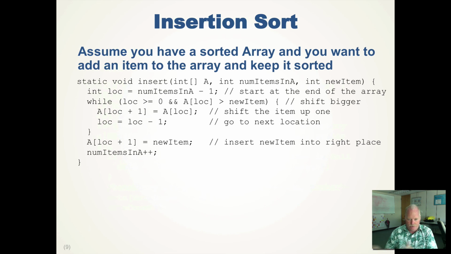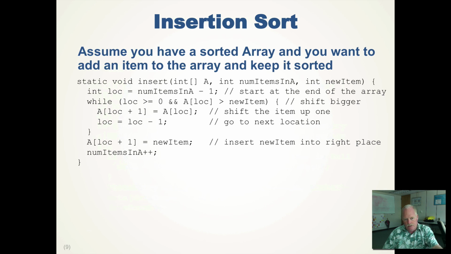So if the thing at loc is greater than the item we're inserting, we move it to loc plus 1, and we decrement loc. So we start at the rightmost one, then we go one over, and we check whether that one is greater than the new item.